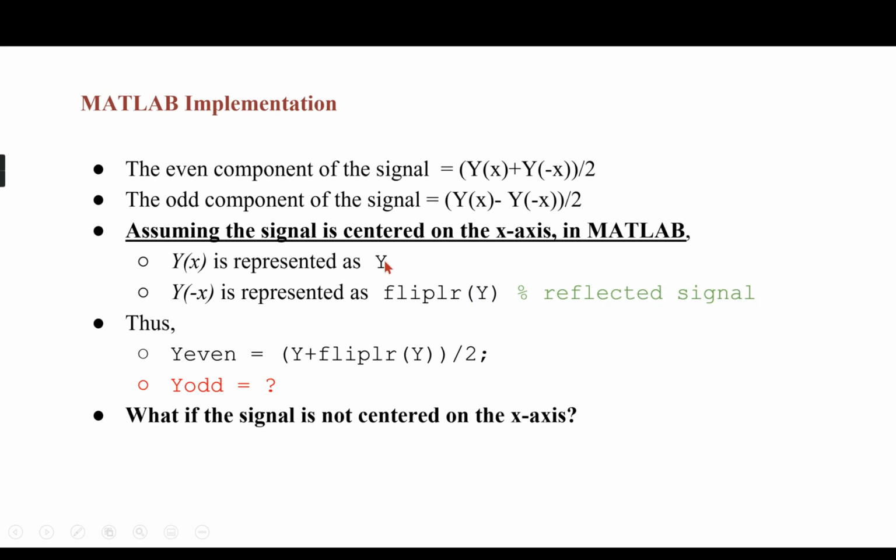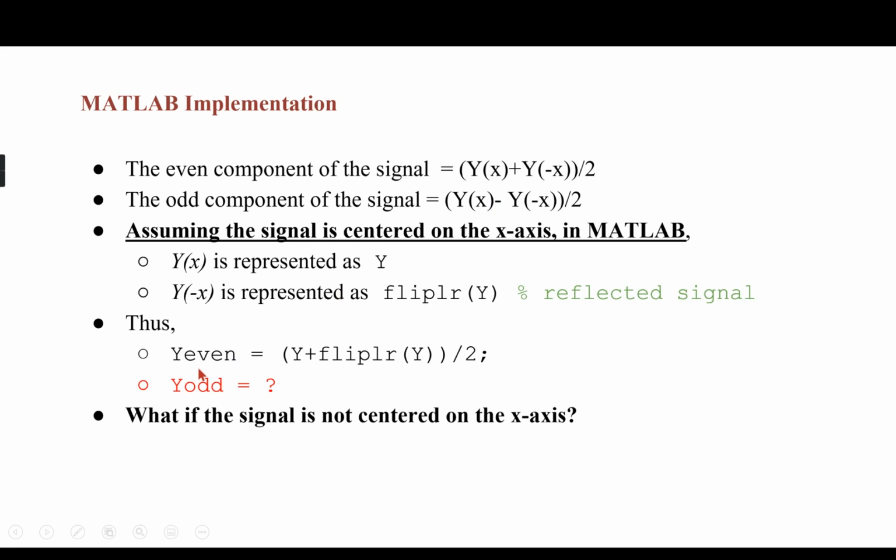So we already know y, and we know how to get y of minus x: simply call flipLR y. Then translating this formula into Matlab code gives us y even is equal to y plus flipLR y, in brackets, divided by 2. To get the odd part, you can copy this line of code and simply replace the plus with a minus, because that's the only difference.